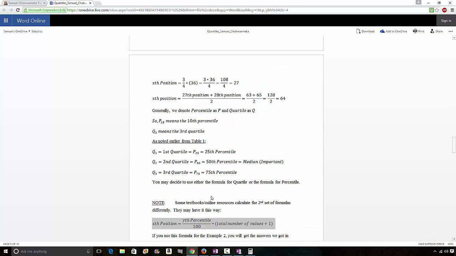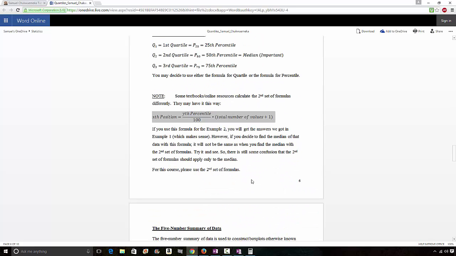But for the median, it becomes a problem. So there is still some confusion about this, but this formula should not apply to the median.